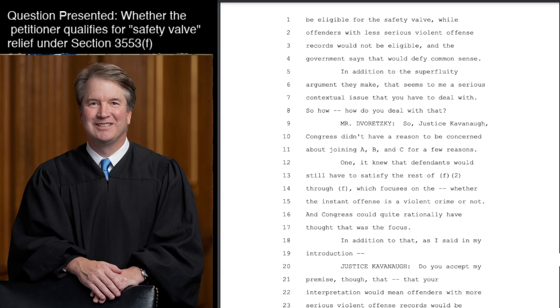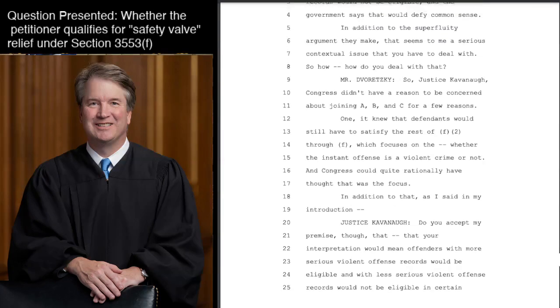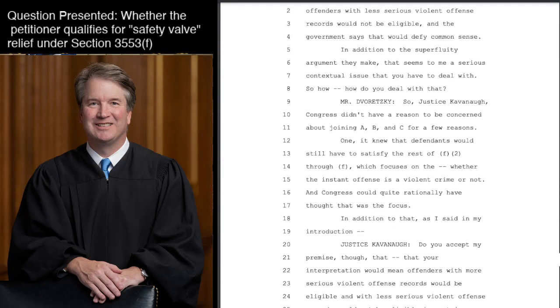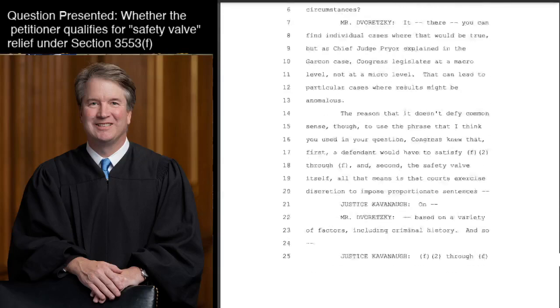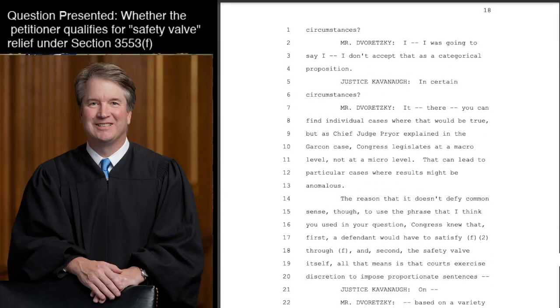In addition to that, as I said in my introduction... Do you accept my premise, though, that your interpretation would mean offenders with more serious violent offense records would be eligible and with less serious violent offense records would not be eligible in certain circumstances? I was going to say, I don't accept that as a categorical proposition. In certain circumstances, you can find individual cases where that would be true, but as Chief Judge Pryor explained in the Garcon case, Congress legislates at a macro level, not at a micro level.